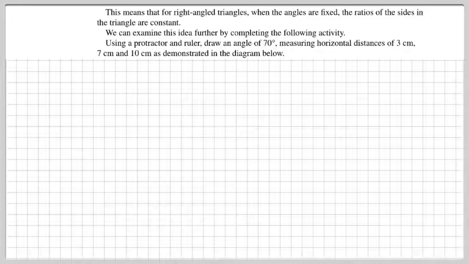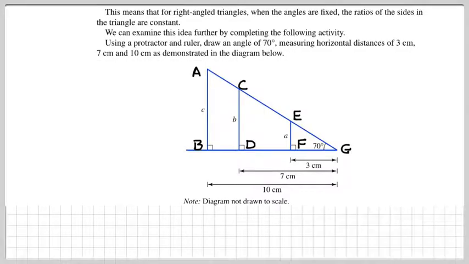So this means we can examine this idea further by completing the following activity. Now, I don't want you to actually do this, but I'll just show you. Using a protractor and ruler, you could draw a 70-degree angle, for example, and you could measure a horizontal distance of 3 centimetres, 7 centimetres, and 10 centimetres as demonstrated below. Now, this is the thing.